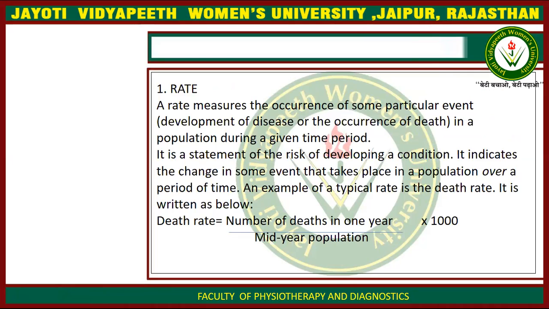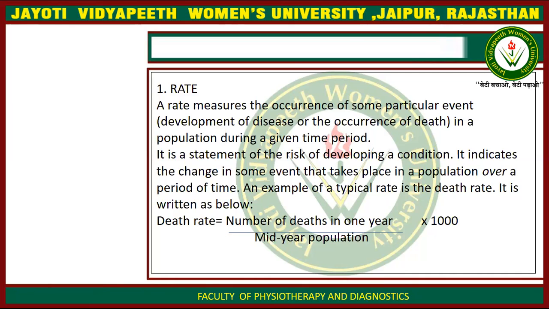So, first, rate. A rate measures the occurrence of some particular events, development of the disease or occurrence of death in a population during a given time period. It is a statement of the risk of developing a condition.